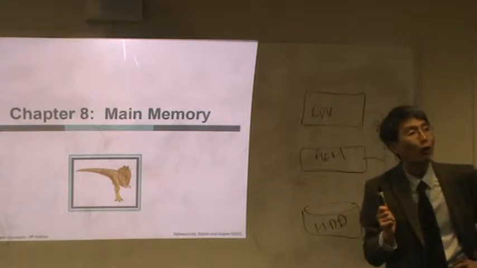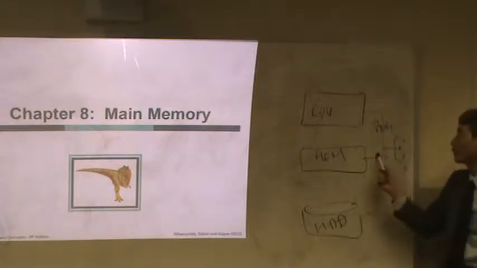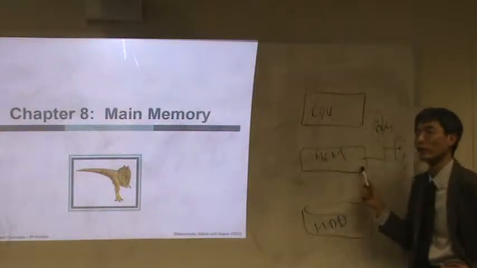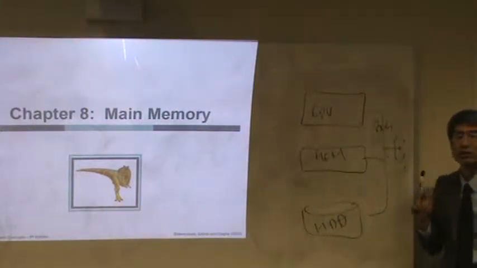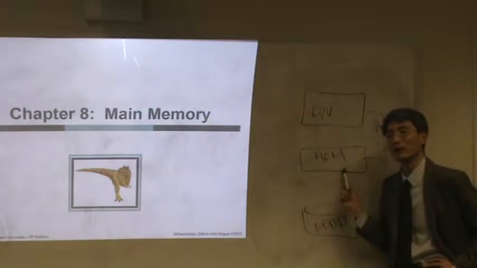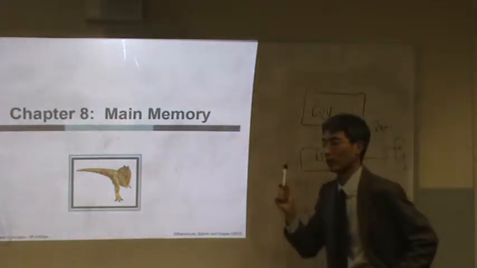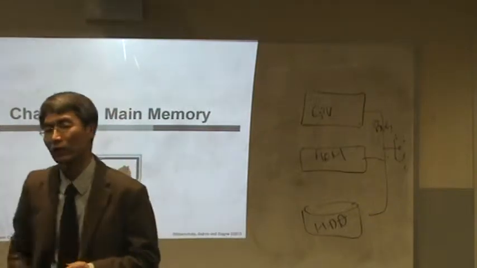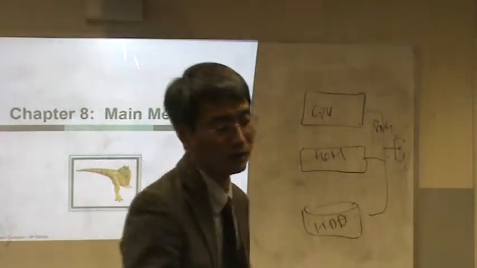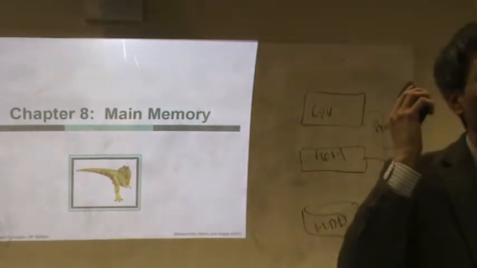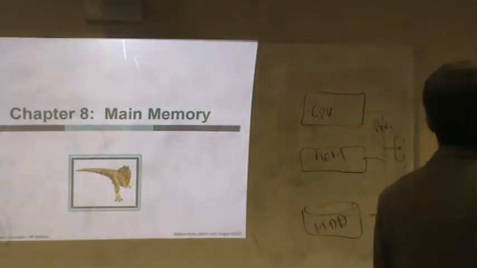However, the price of memory is getting cheaper. Nowadays you can see memory-based hard disk drives, SSDs. If you are using a cell phone, the storage is based on the memory structure, but it's still limited.